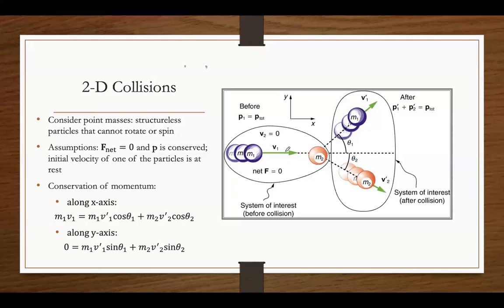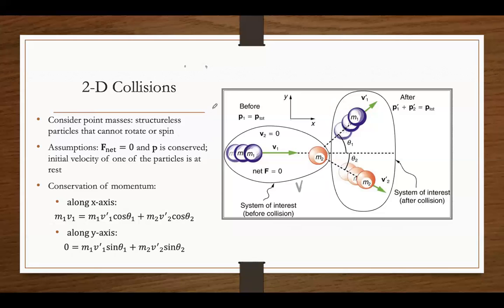So in our before picture here, we have a point mass that is moving with some velocity v1 towards another point mass with velocity v2 equals 0. So this is our system of interest, before the collision.